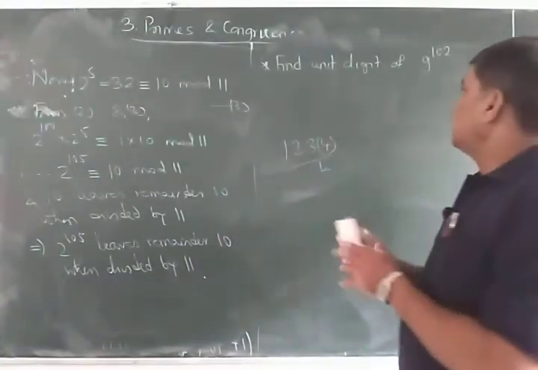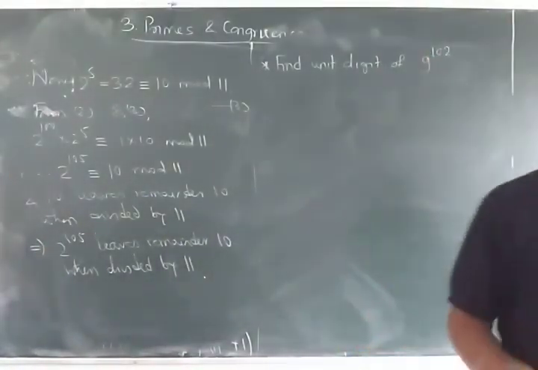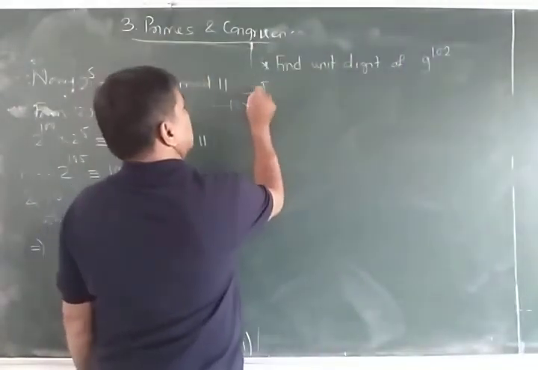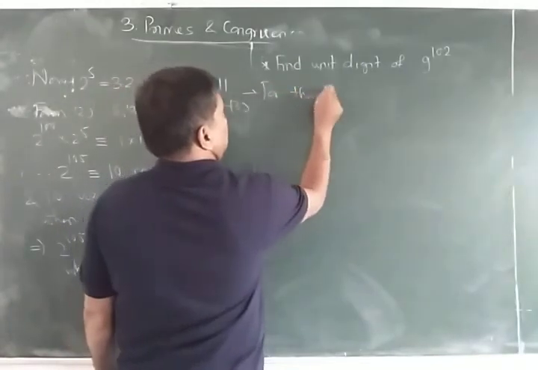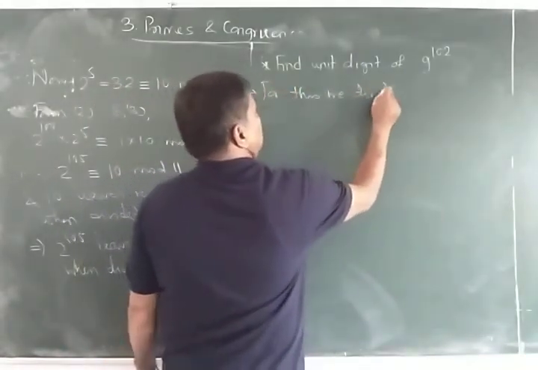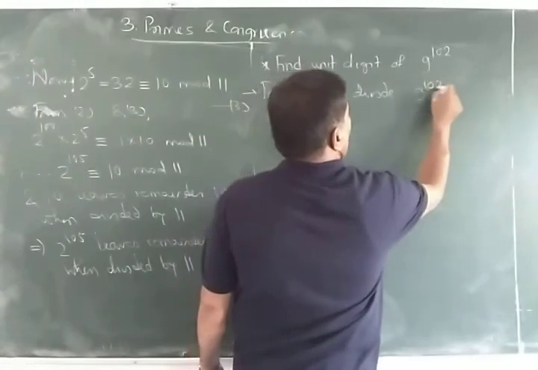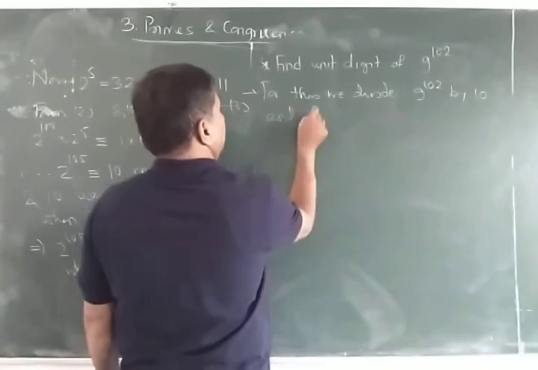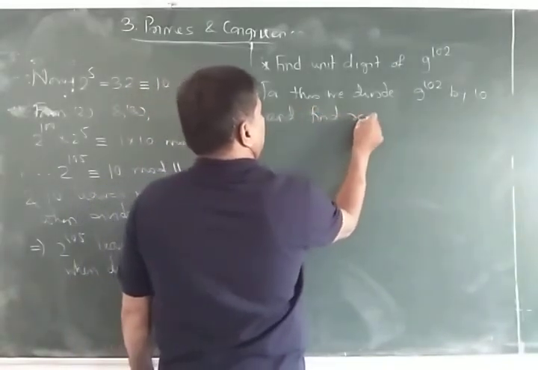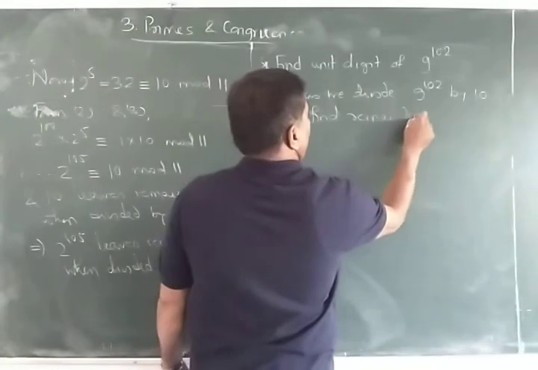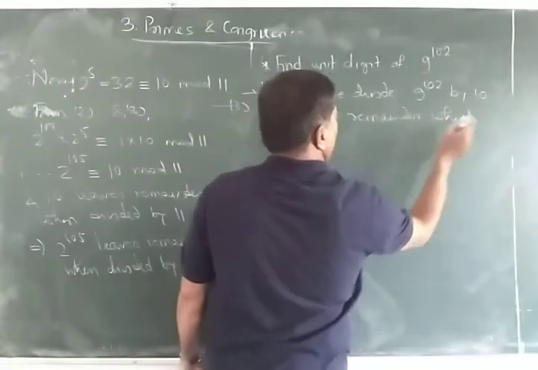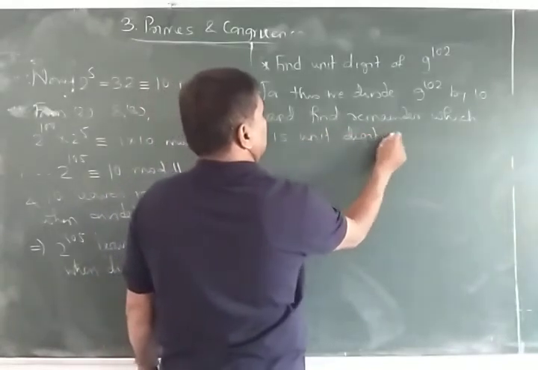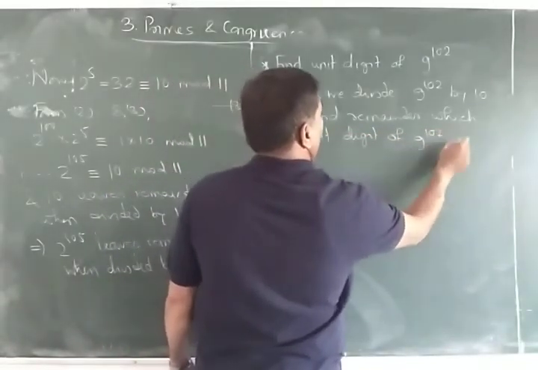So for this, we divide 9 raised to 102 by 10 and find the remainder, which is the unit digit of 9 raised to 102.